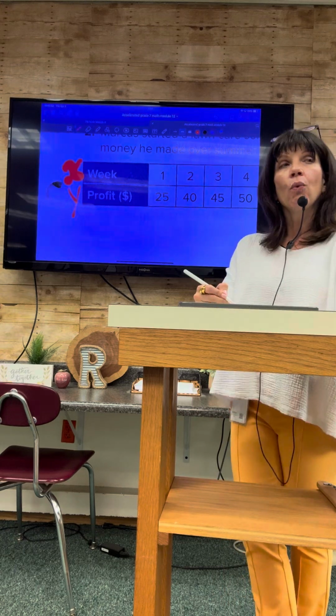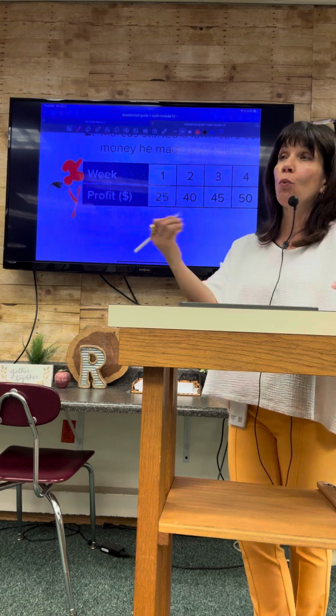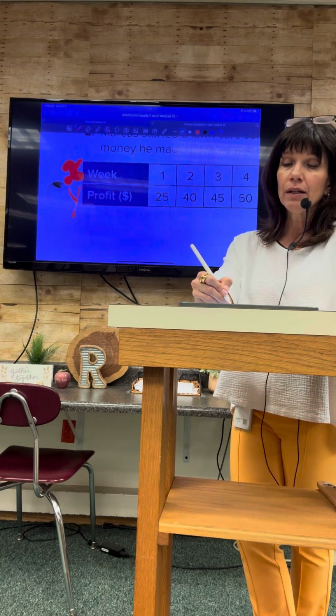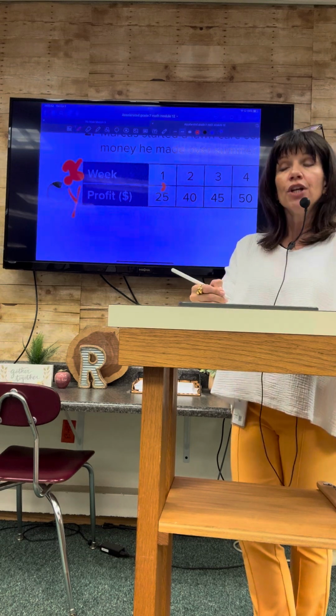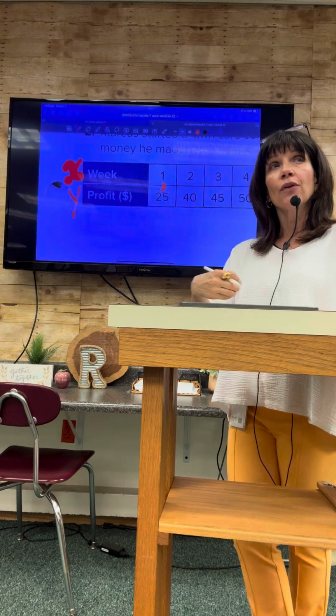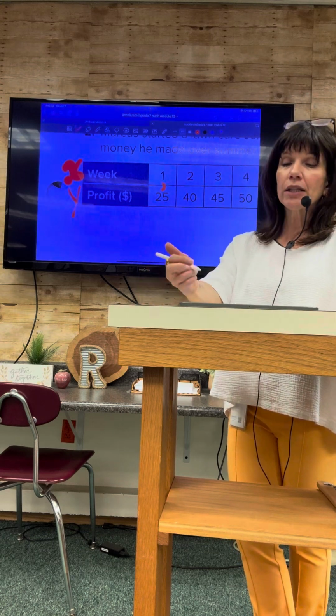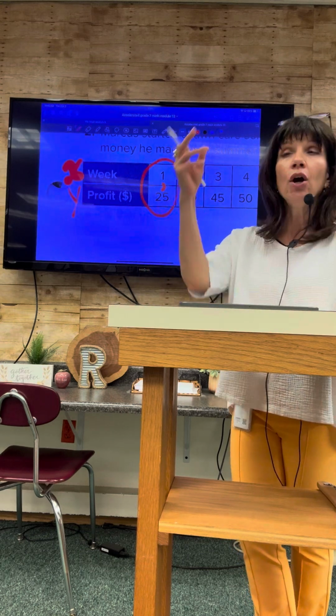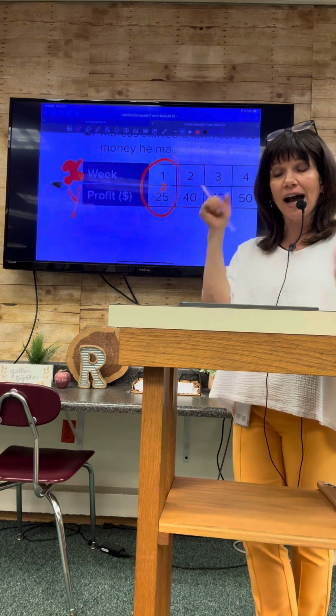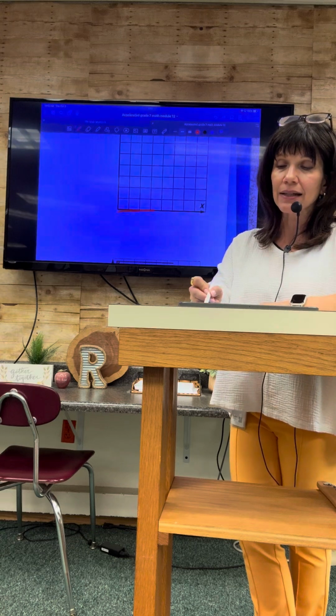During week 1, what was his profit? $25. So the very first ordered pair that I would do on the grid would be located at what? Say it please. 1, comma 25. Now wait. Let's look at how we should count by for the x values on the x-axis.